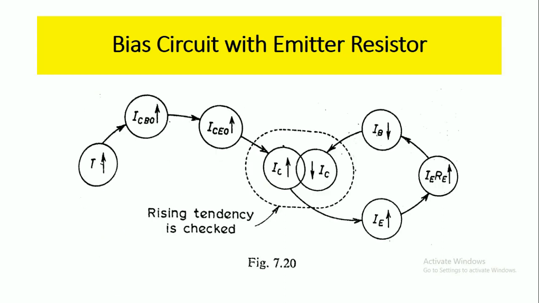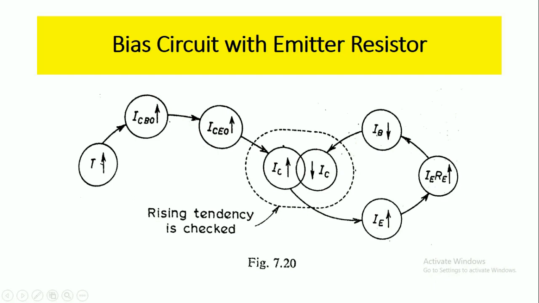This bias circuit with emitter resistance makes the collector current independent of the temperature and, at the same time, of the beta value. If the temperature T increases, ICBO increases, then ICEO increases, then collector current IC increases. When IC increases, the emitter current IE also increases.